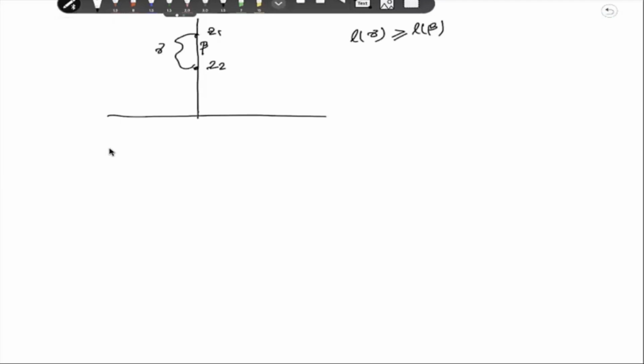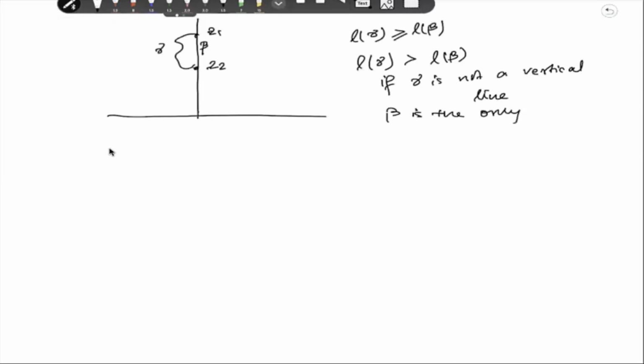If gamma is not a vertical line, then the length of gamma will be strictly greater than the length of beta. So this will prove that beta is the only geodesic joining Z1 and Z2.